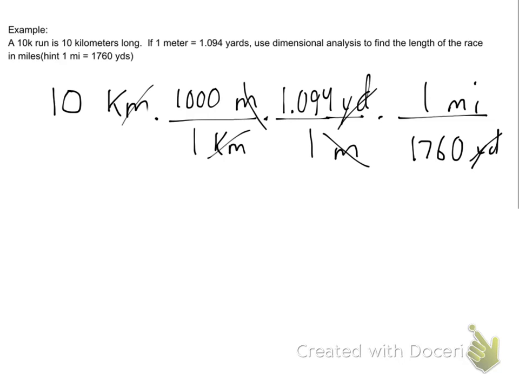So yards will cancel. Are you guys seeing how I cancel my units every time? And then all I'm doing, oh guys, I forgot to do something. I forgot to state that the first one is a fraction. Because now I know I'm taking 10 times 1,000 times 1.094 times 1.